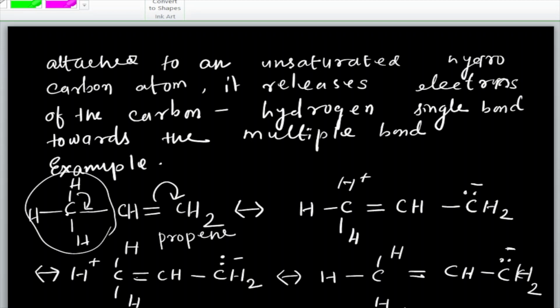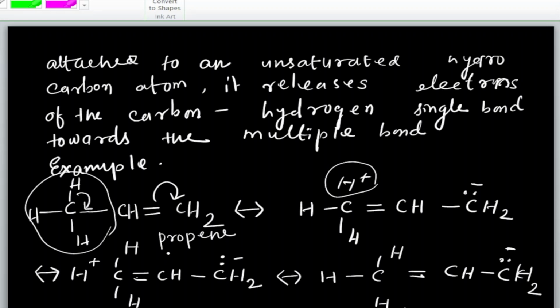Out of the three, it is not fixed which is first, second, or third. Anyone you can take as first, second, third, as you like. What happened here? This hydrogen-carbon sigma bond moves to here. That is a double bond.